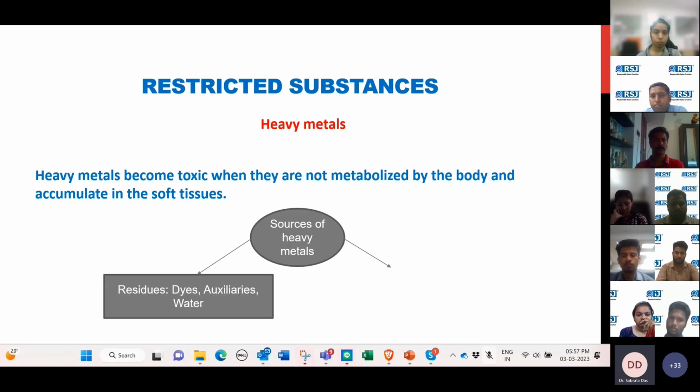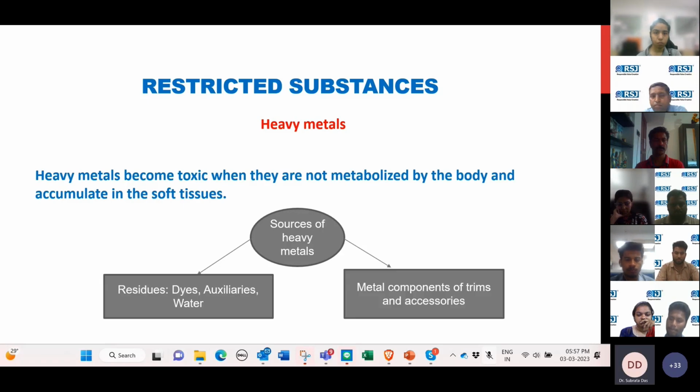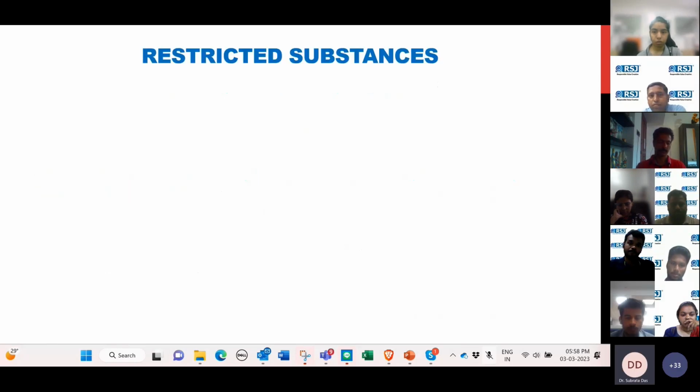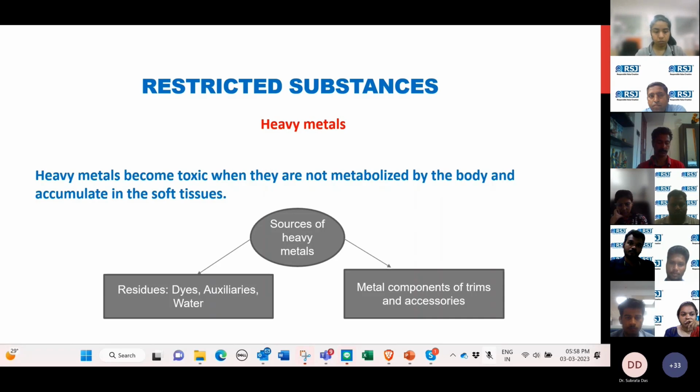Now another very interesting point among restricted substances which are often found in children's garments is heavy metals. What are the heavy metals available in children's products? Those are lead, cadmium, then nickel.